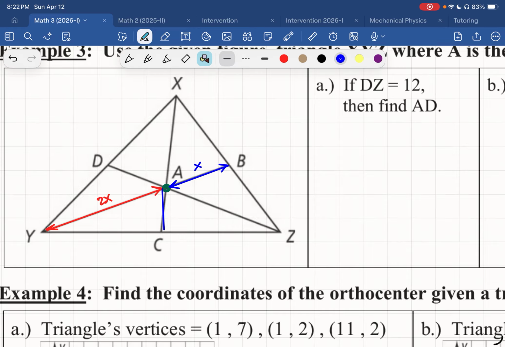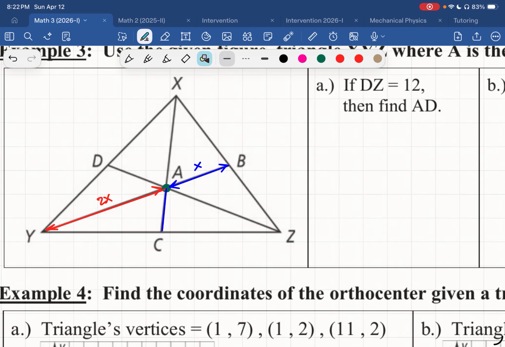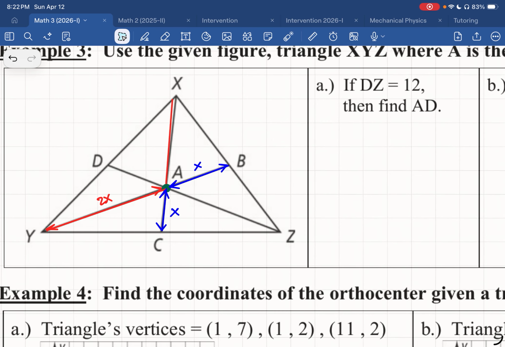So this one, come on. I don't know why this app is doing this. Okay. So this one is the short one or the small one, right? And this one is the large one. Let me fix it here.